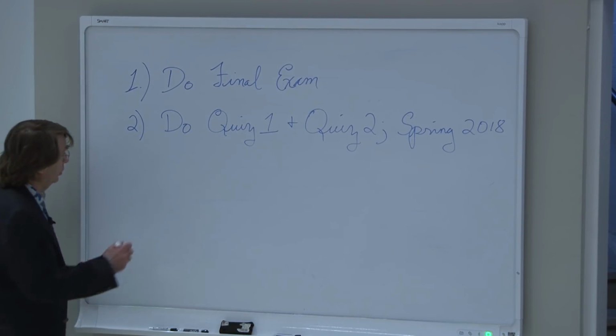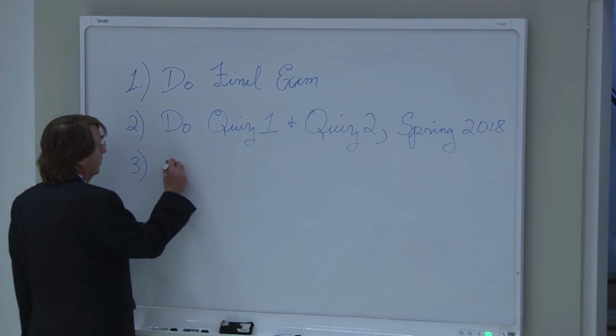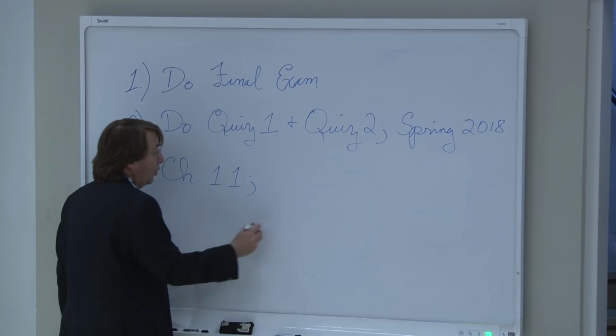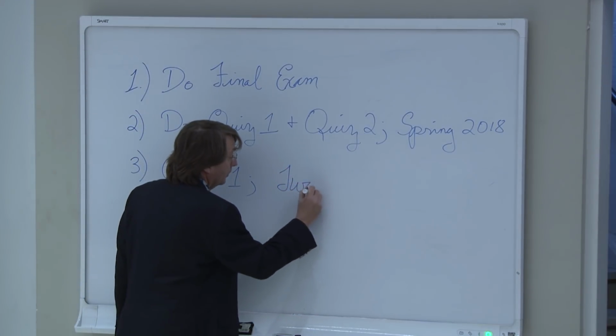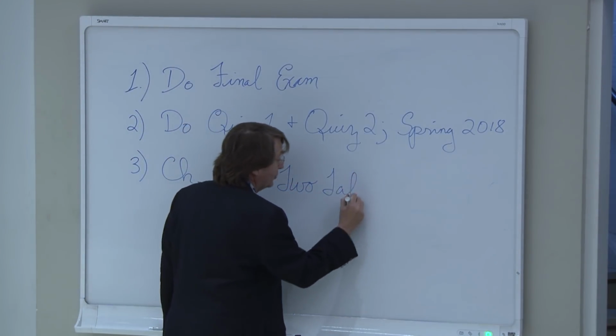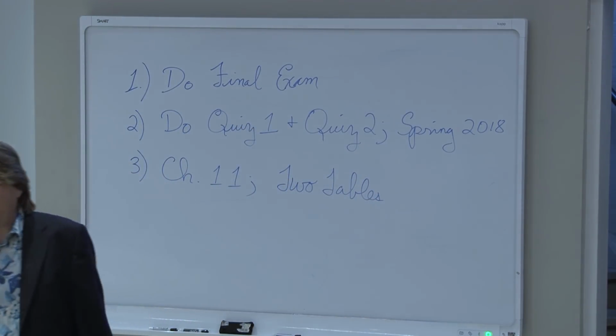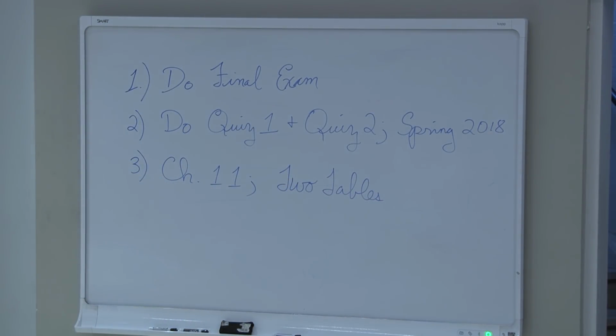My next concern is chapter 11. There were 2 tables. So if you attended class, you know what I'm talking about. If not, find out from a colleague. There were 2 tables that summarized chapter 11.